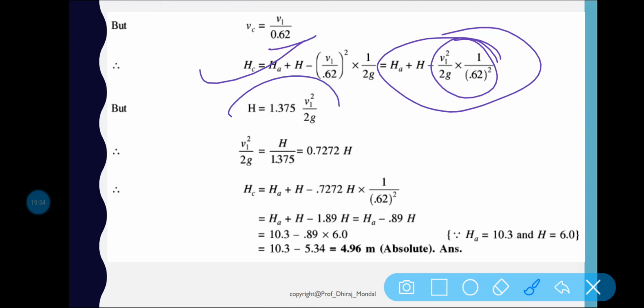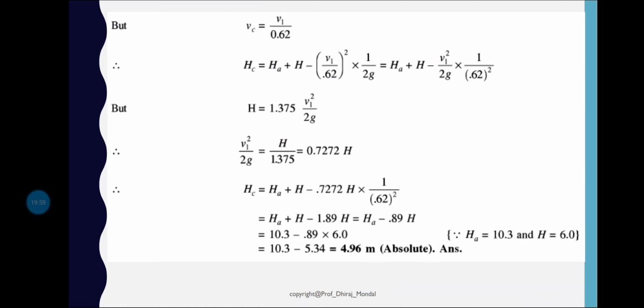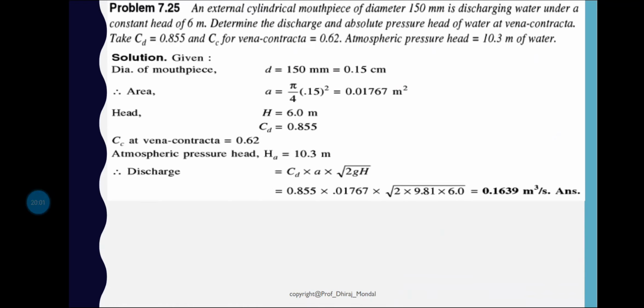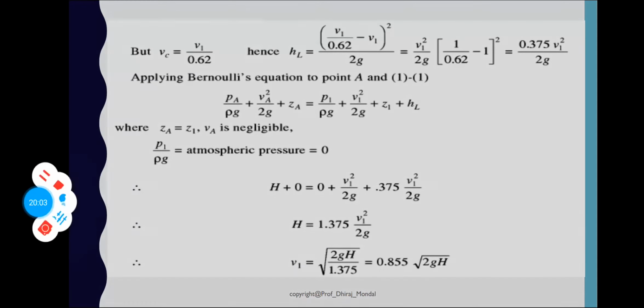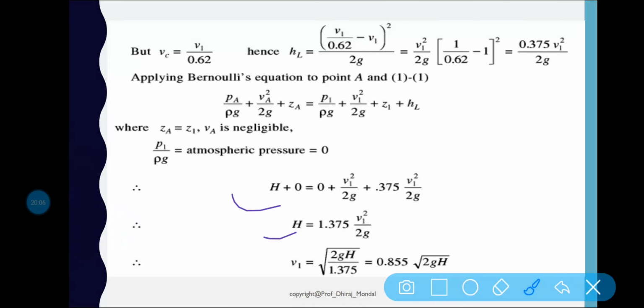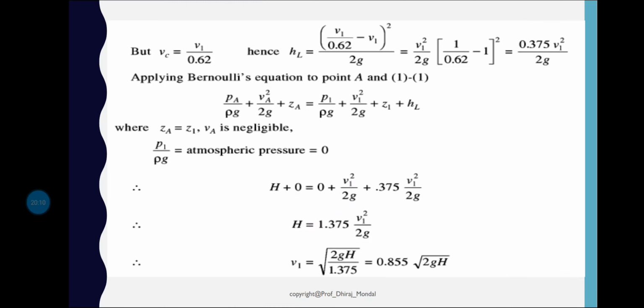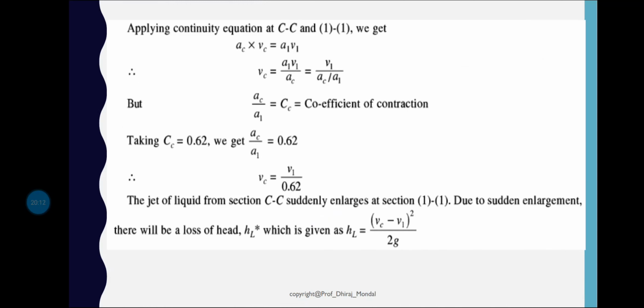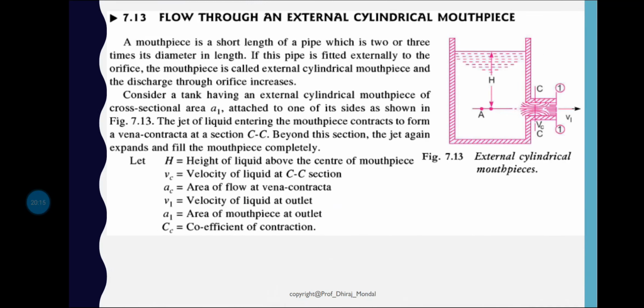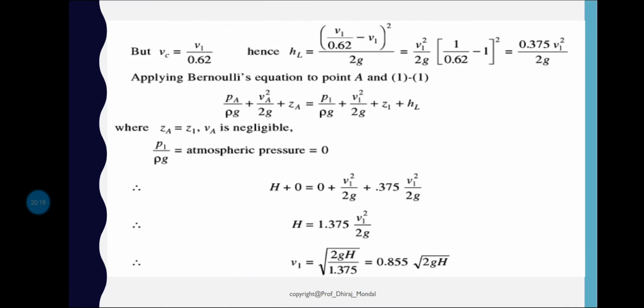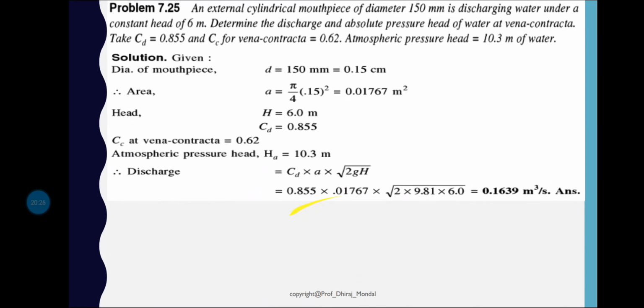But we know that H is equal to 1.375 V1 square by 2g. Do you know that? See this formula, H is equal to 1.375 V1 square by 2g. I already got it when we were discussing the flow through an external cylindrical mouthpiece. So this formula and this formula are needed to solve this equation.